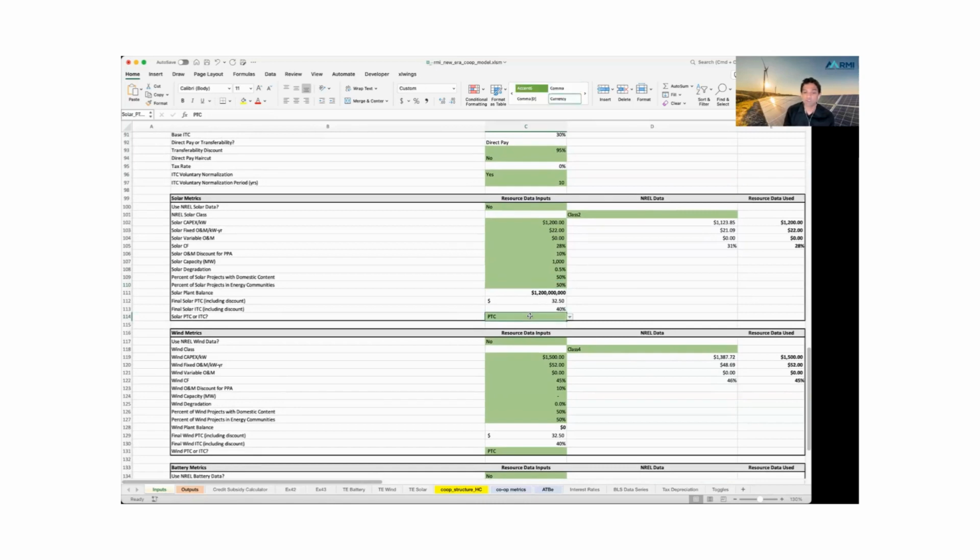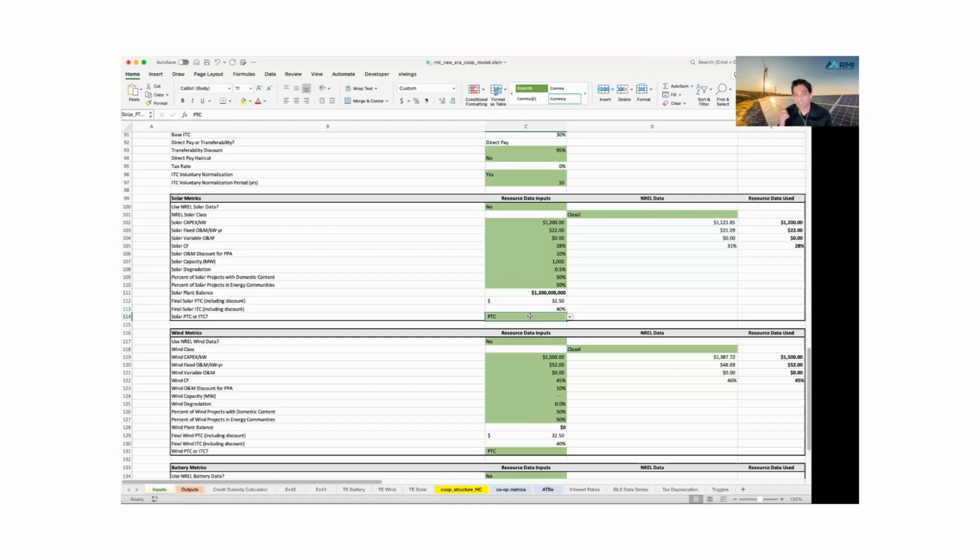The final and important choice that you can make is whether you choose for solar and wind to use the production tax credit versus the investment tax credit. One of the key features of this model is it allows you to consider both the balance sheet impacts and the net present value cost impacts of making those choices. The choice of an investment tax credit may be easier on your balance sheet because the investment tax credit through direct pay creates additional equity on your balance sheet.